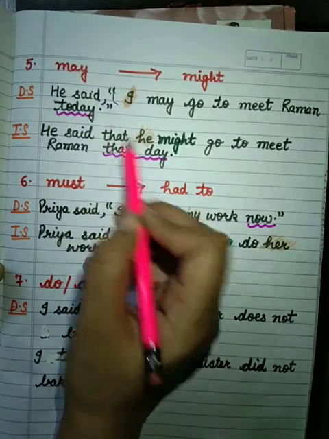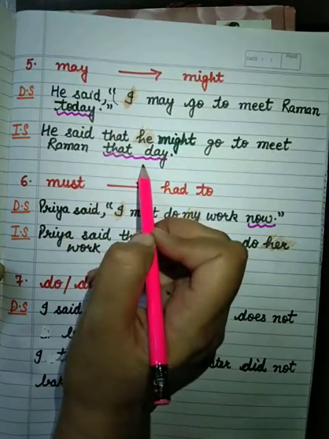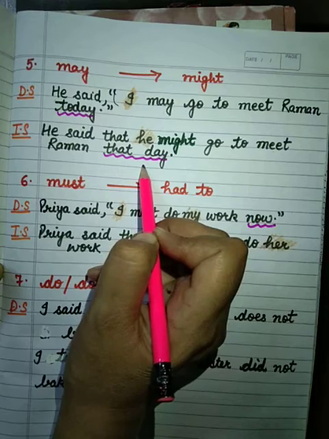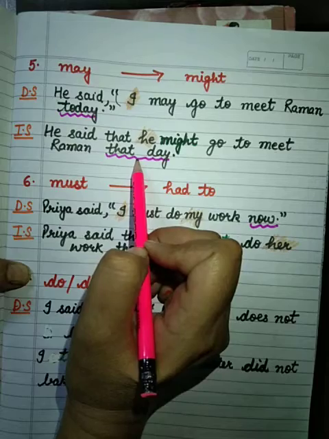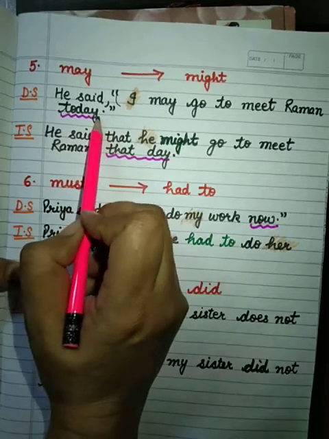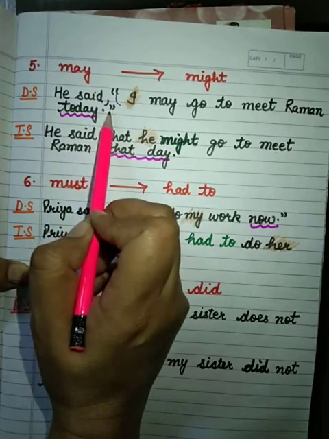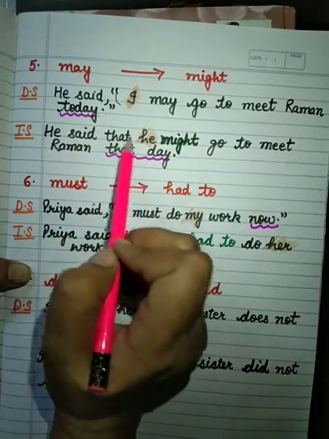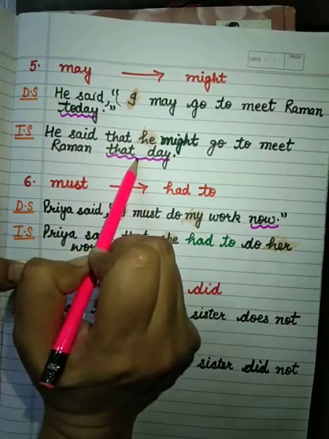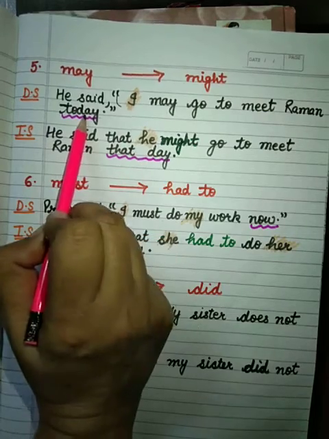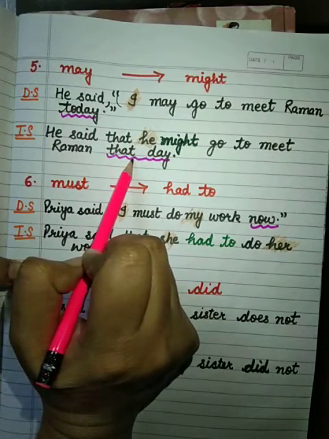Now see these changes. As I had given you the list, today will change into that day. So it expresses time. The words that express time and place, they also change when you change direct to indirect speech. Fine. So today changes to that day.